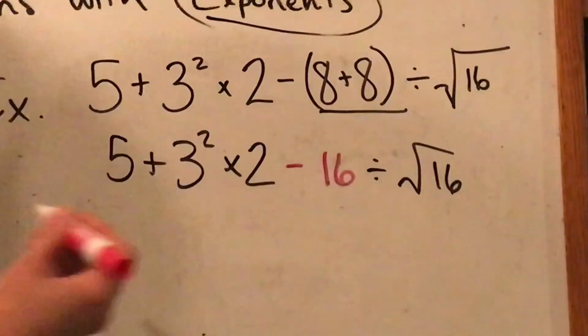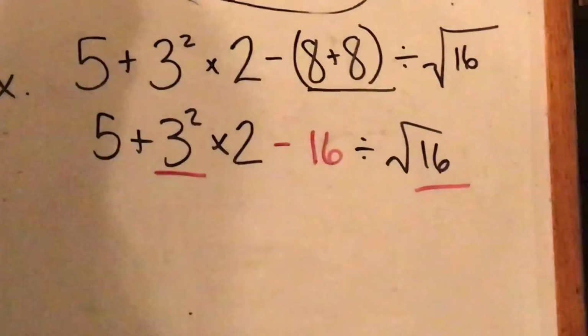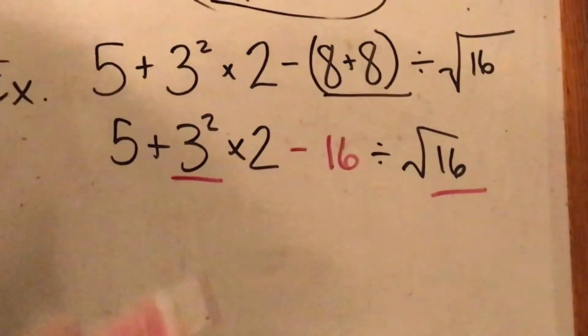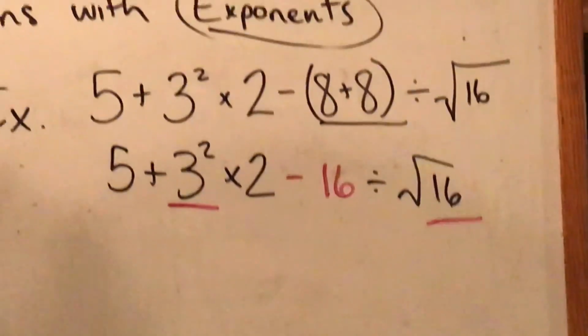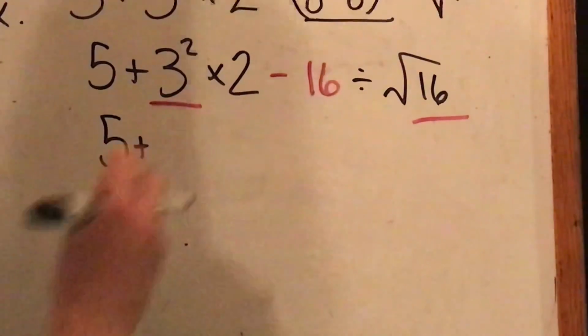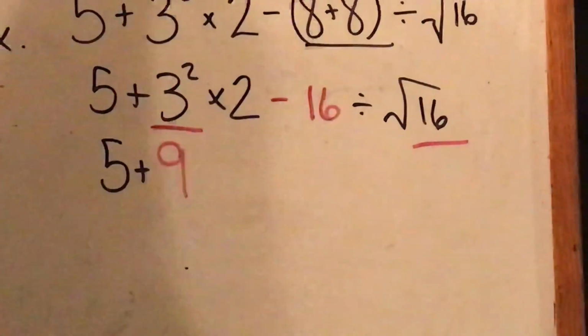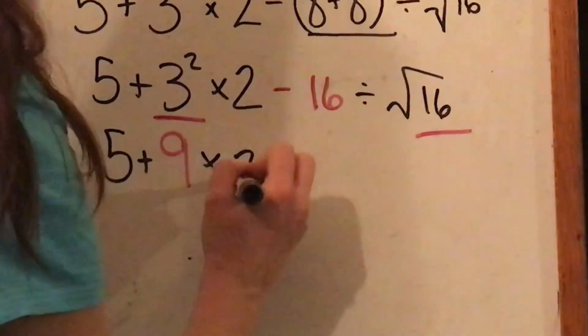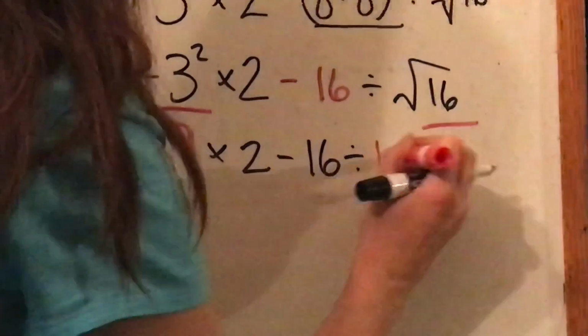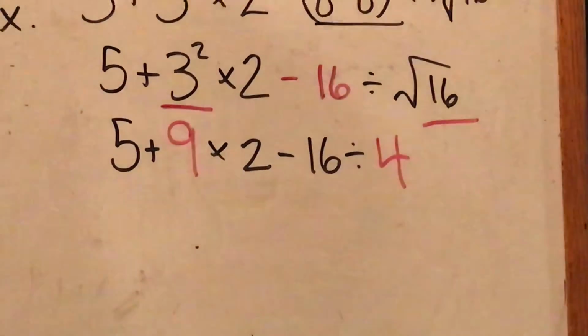Now I'm going to do the exponents, or any pieces of the problem that have to do with a power of something. Square roots would work too. So 5 plus 3 squared is 9 times 2 minus 16 divided by 4. The square root of 16 is 4.